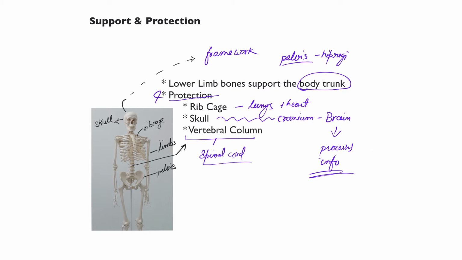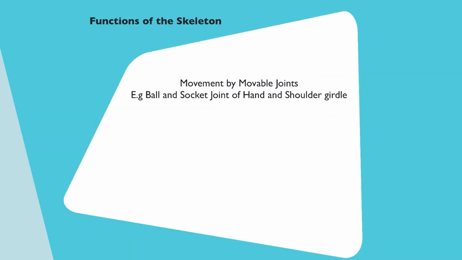And this spinal cord is also part of the CNS that has to do a lot of the reflexes and other integrative jobs. So yes, indeed, our skeleton system is to do with a lot of support and protection, but it is also involved with a lot of movement tasks.